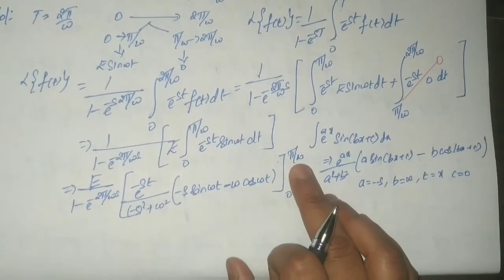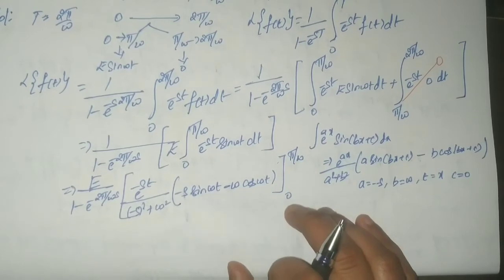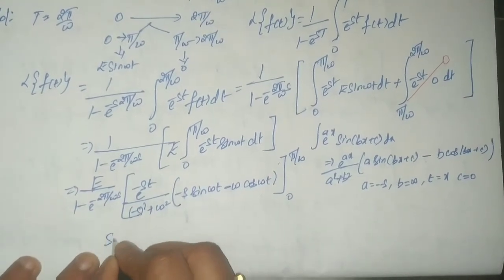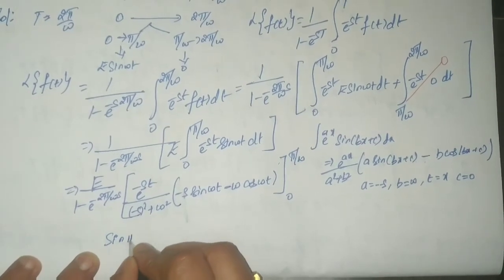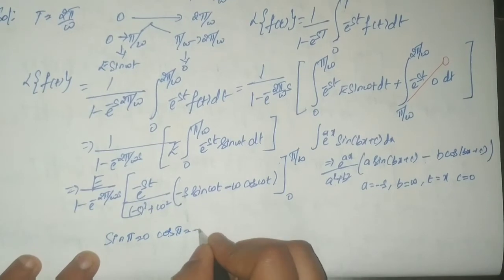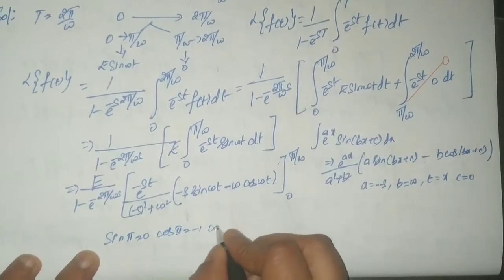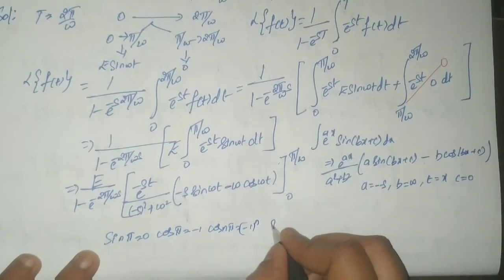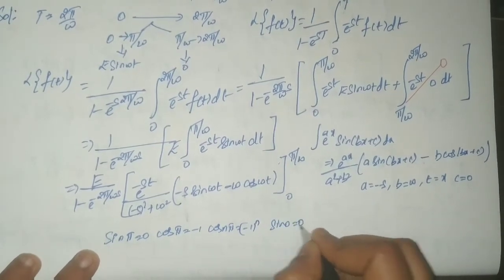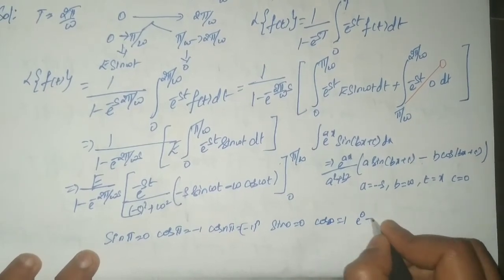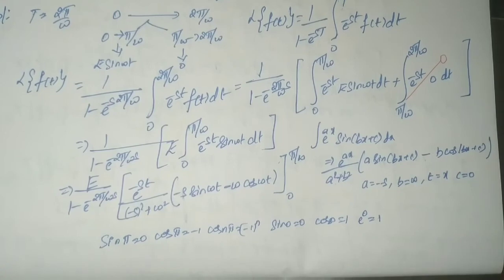So first you need to carefully apply the upper limit t by pi by omega and lower limit by 0. Before we apply, I'll just write the formula. Sine pi is 0, cos pi is minus 1, cos n pi is minus 1 power n, sine 0 is 0, cos 0 is 1, e power 0 is 1.